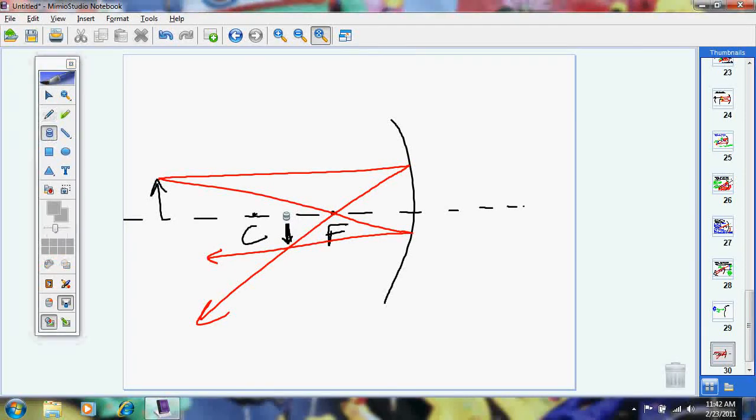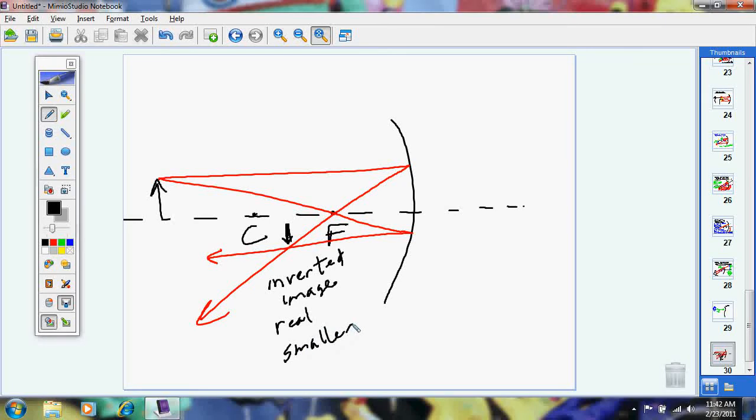Not drawn perfectly, but that's the case where you get a real inverted image that's smaller, yes? So you see an inverted image, and inverted images are always real, and it's smaller.